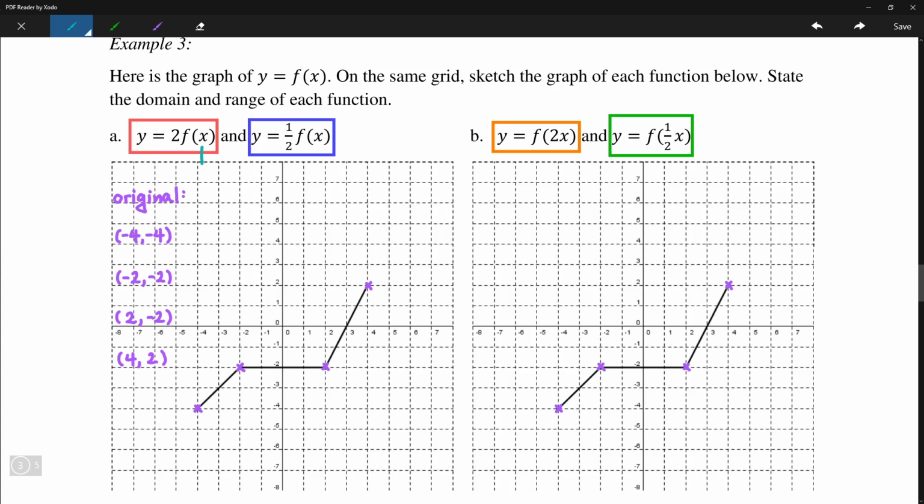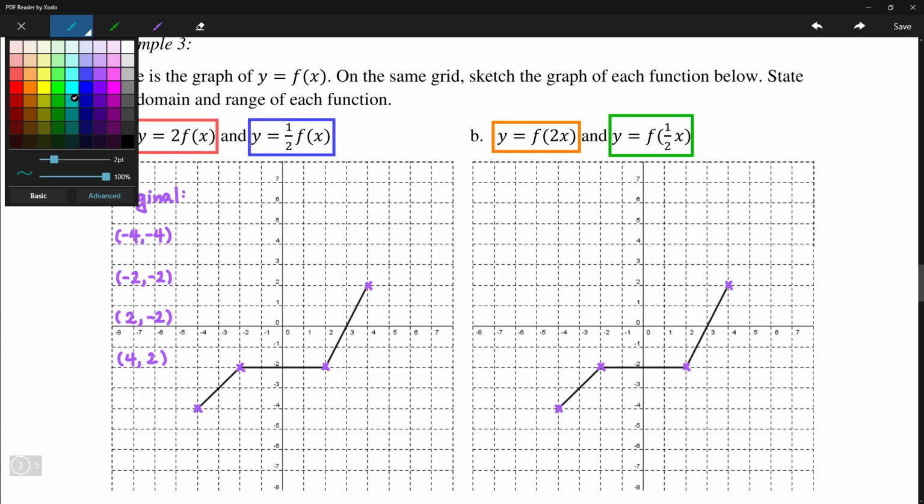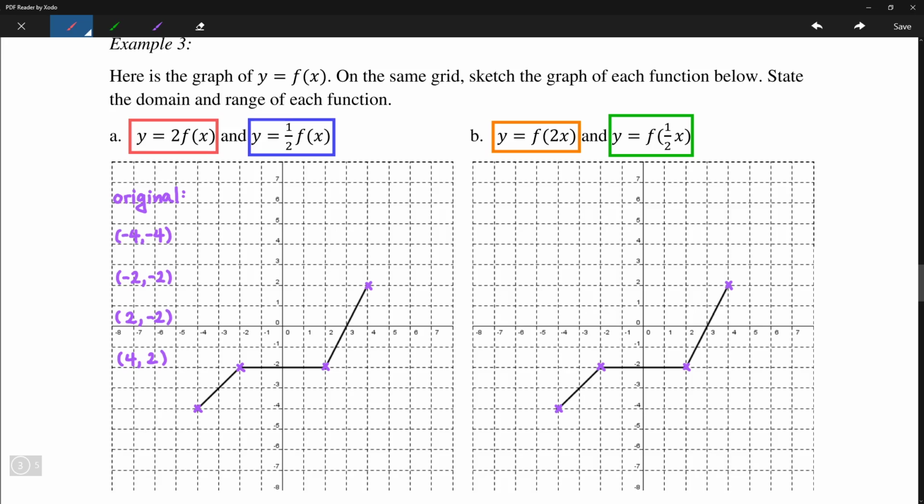So the first point on the new graph will be (-4, -8). The second point, likewise, will be (-2, -4), followed by (2, -4), and finally (4, 4).